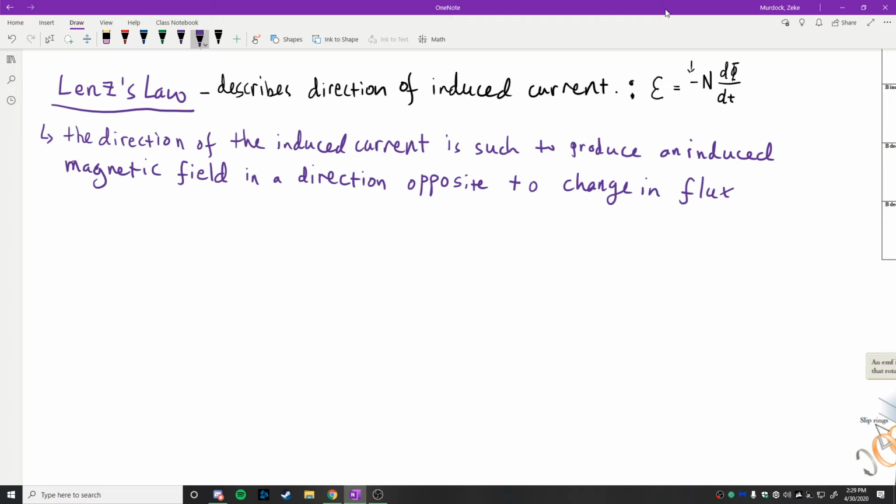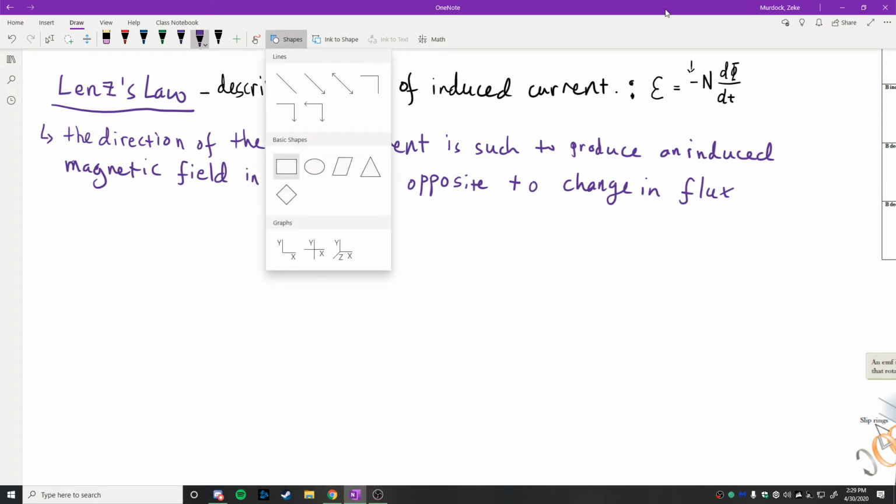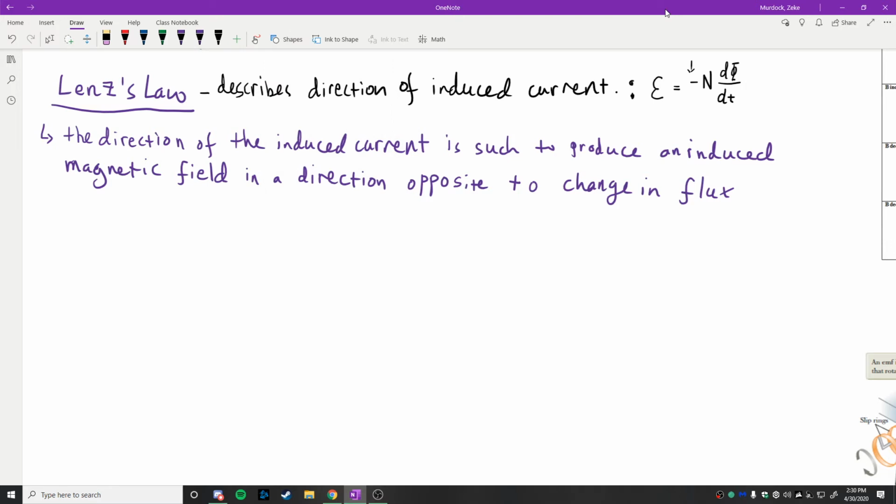So suppose that I have a ring. How do I want to draw this? I think I could do something like this. Suppose I have a ring that's shaped kind of like this. I need to erase just a couple lines here. This is the front, so I need to erase this one.